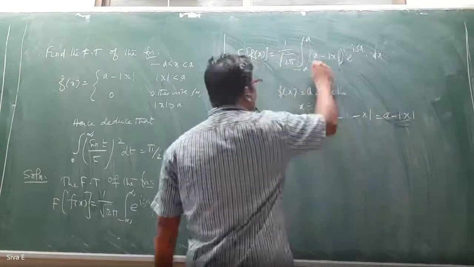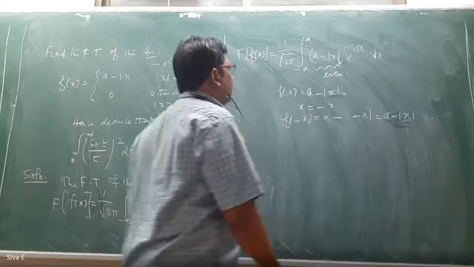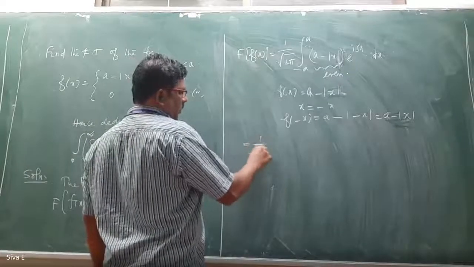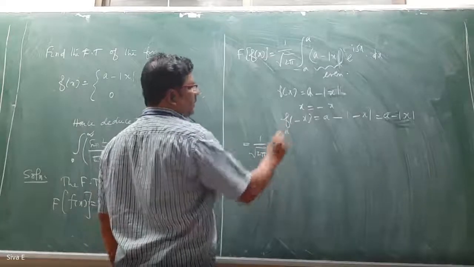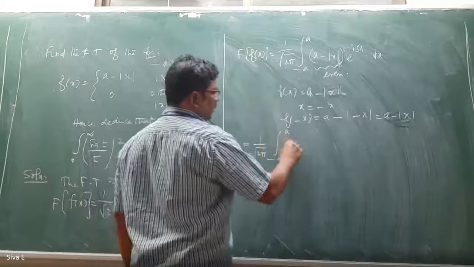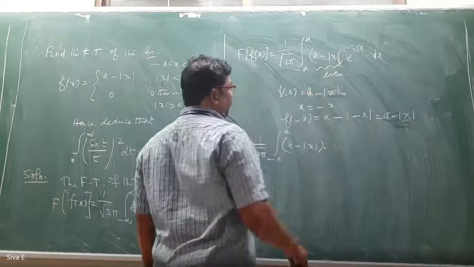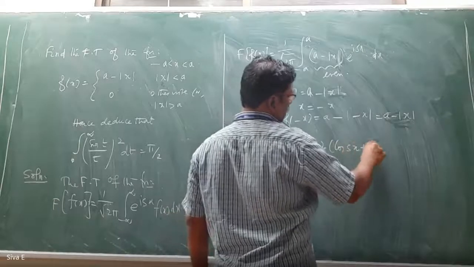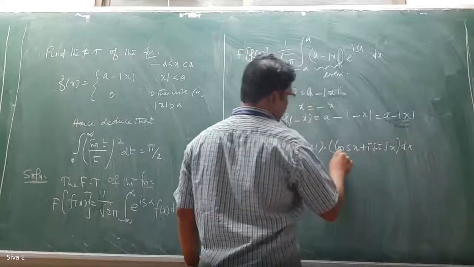So a minus mod x is an even function. Therefore, the Fourier transform 1 by root 2 pi, from minus a to plus a, can be written as a minus mod x, and e power isx is cos sx plus i sin sx dx.